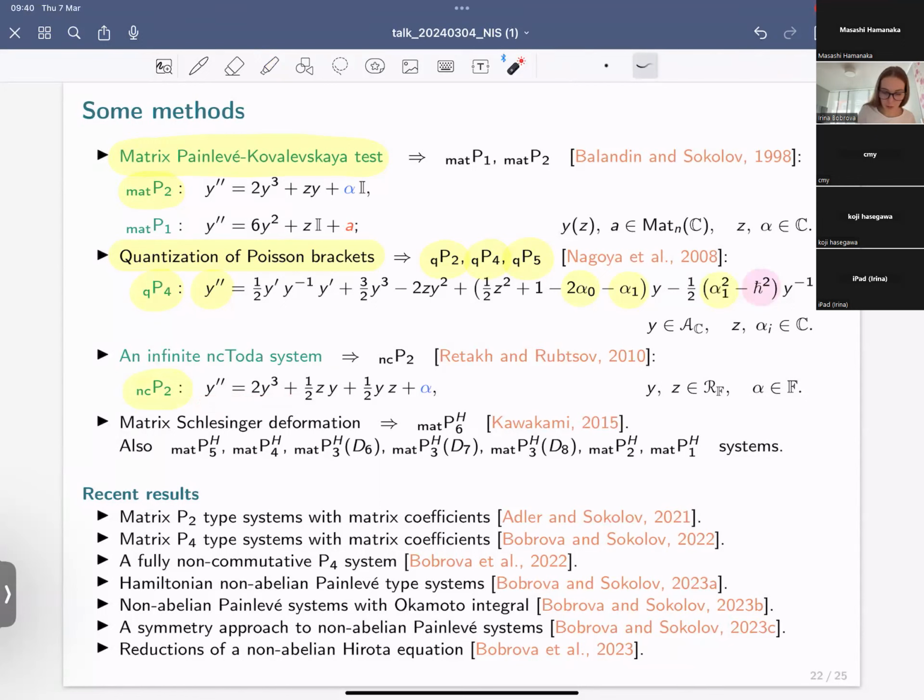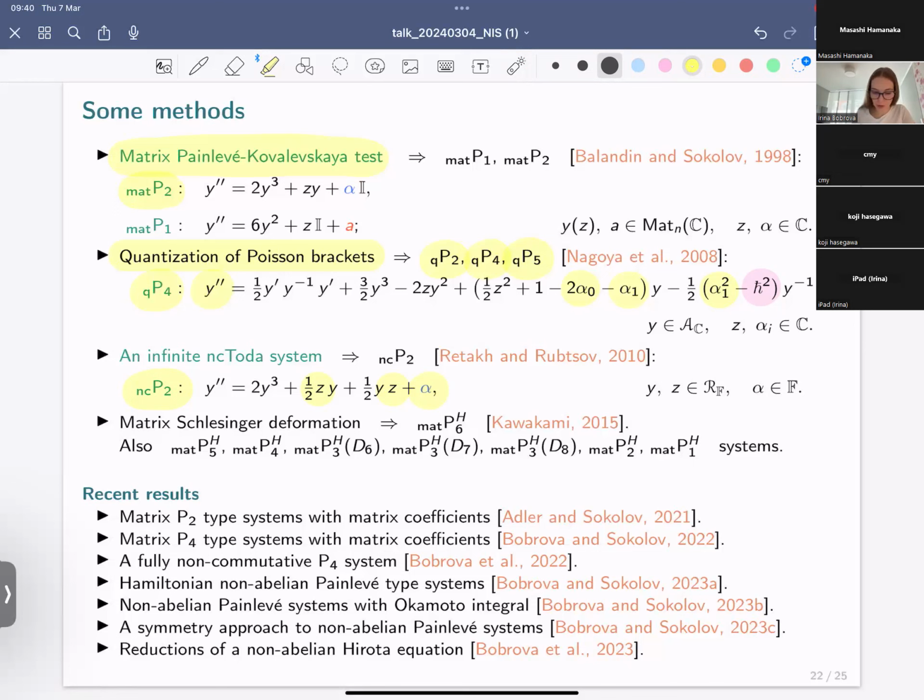It's different from the matrix Painlevé 2, because here we have a variable z that belongs to our algebra, or it's better to say to the ring, because the solutions of this non-commutative Painlevé 2 equation can be expressed in terms of quasi-determinants, and when we are working with quasi-determinants, we need to work with a ring or a skew field. Okay, and parameter alpha is still commutative.